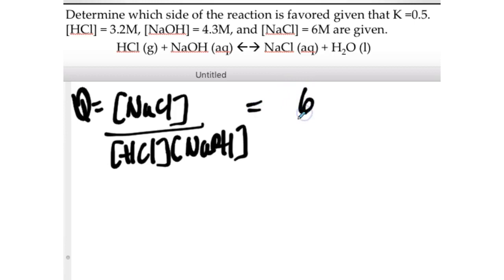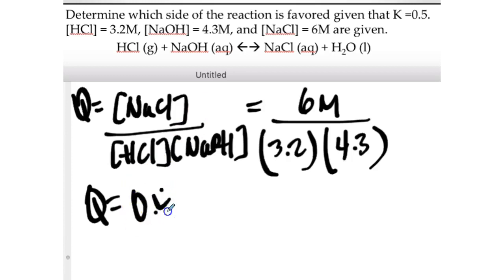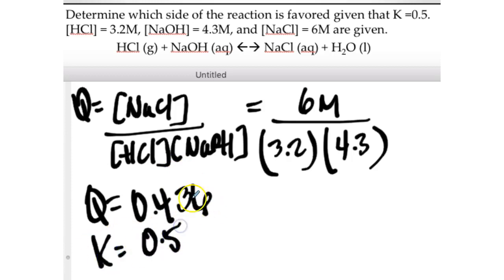NaCl is 6 divided by hydrochloric acid, which is 3.2, and NaOH, which is 4.3. Very easy math. Q ends up being 0.436. K is equal to 0.5.